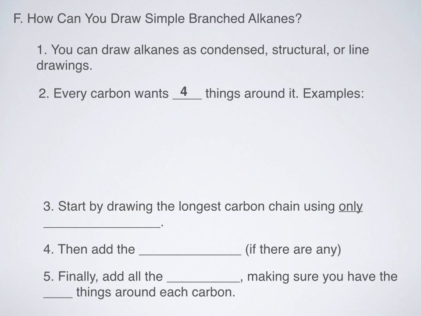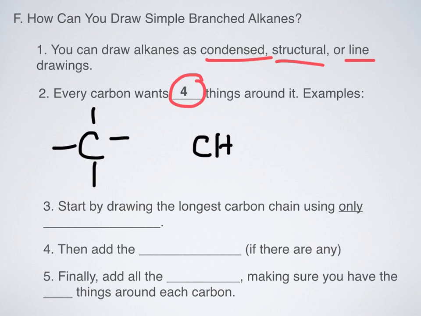So you can draw alkanes as condensed structures, structural, or line drawings, but the entire point of them is every carbon wants 4 things around it. So for example, if you have 1 carbon in the middle, you can have 4 things around it. If you have a carbon and an H, you are limited. You can only have 3 things around that.